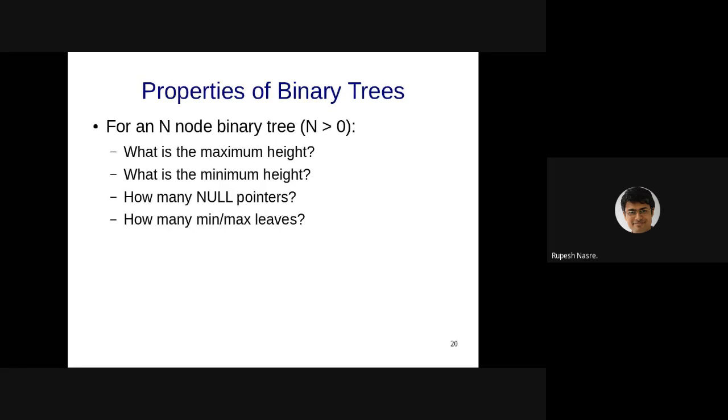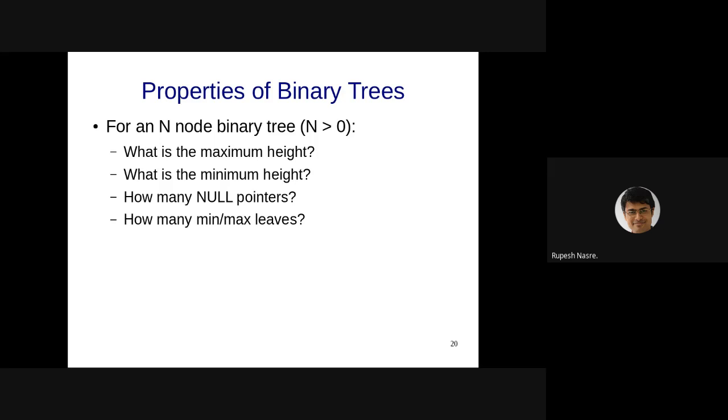So you have n nodes, and therefore you essentially have 2n minus 1 pointers, right? No, sorry, n nodes will have 2n pointers, since there will be 2 pointers outgoing from each of these nodes.